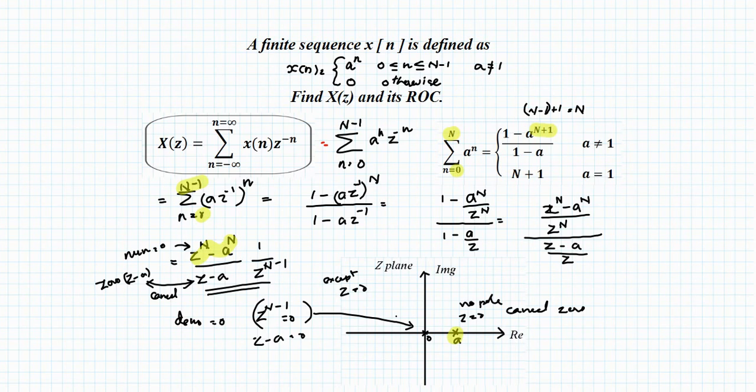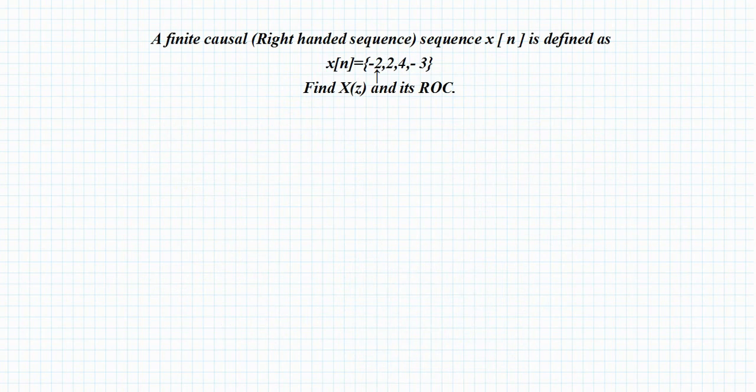So we can write ROC like this: modulus of z greater than 0. So entire z plane except at z equal to 0. This is the ROC. And now we'll discuss another question. Again, it's a finite sequence and it is also indicated as a right-handed sequence.